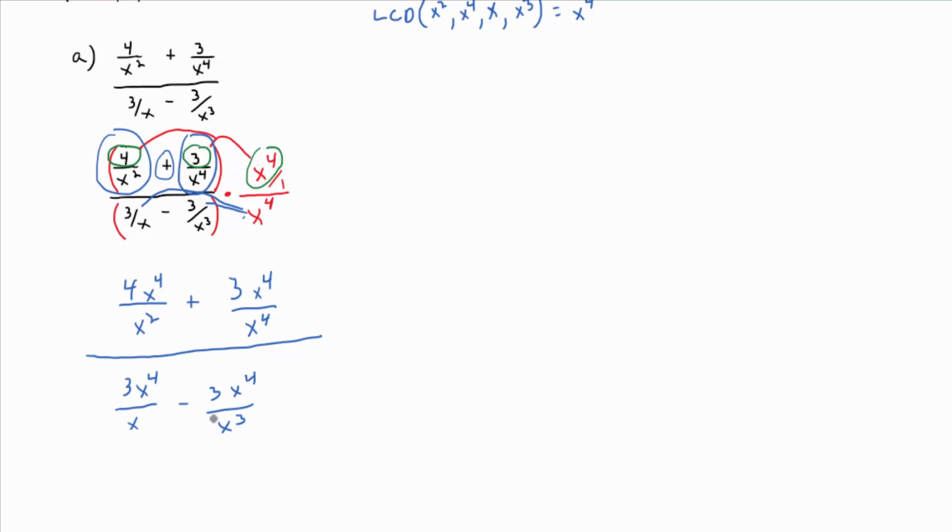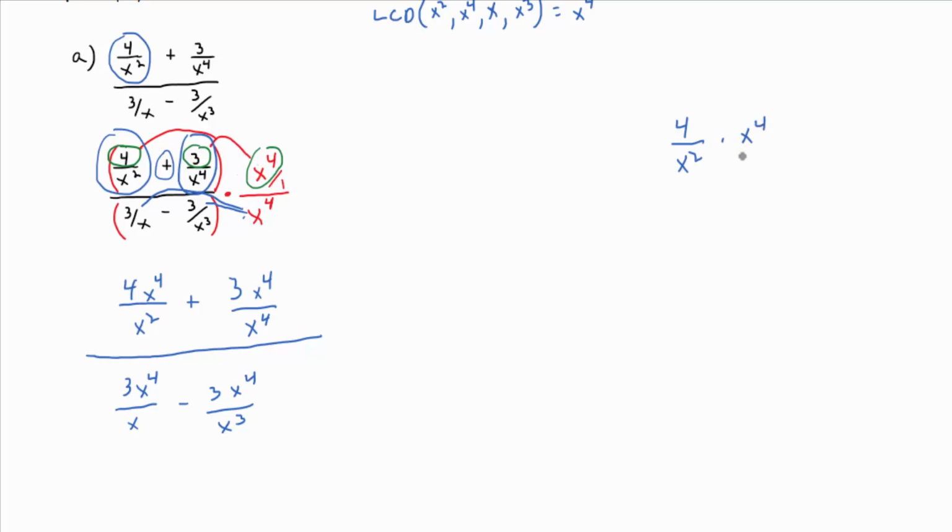Any questions? Yeah. Why do you only multiply it by the little numerators? Okay, because of the way fraction multiplication works. Let's do that very first one. When you distribute the x to the 4th to that guy, it looks like that if you show that step, right?